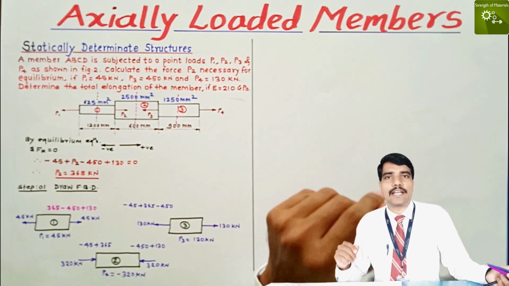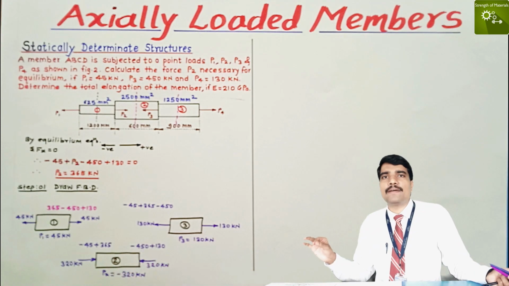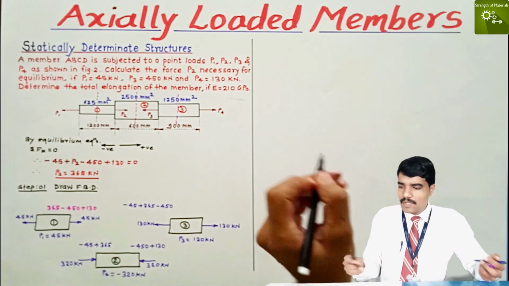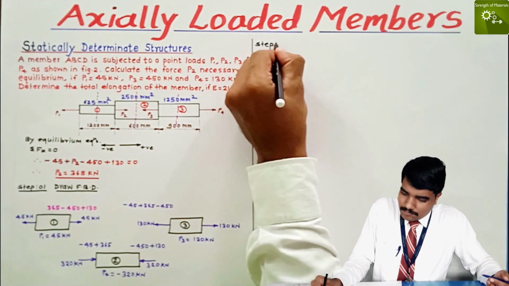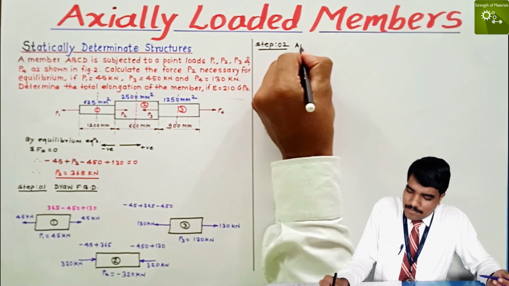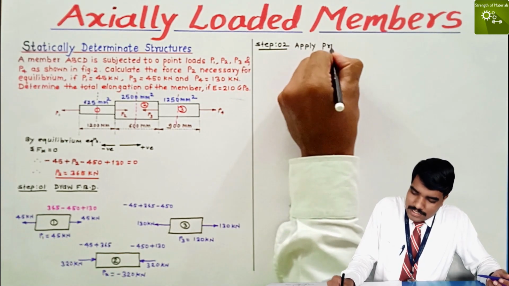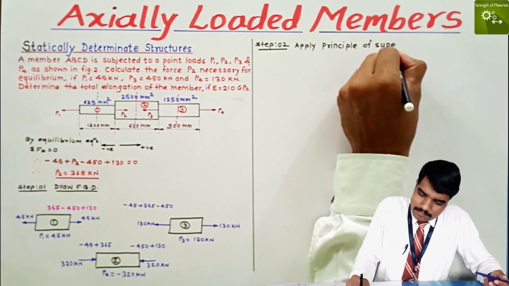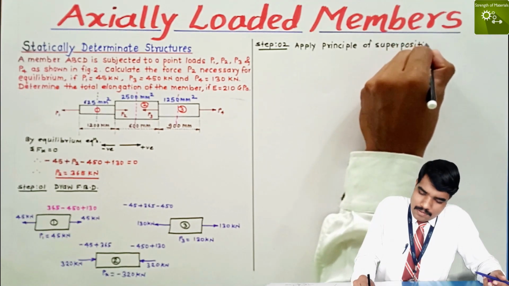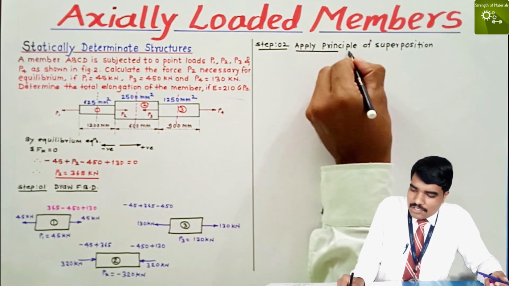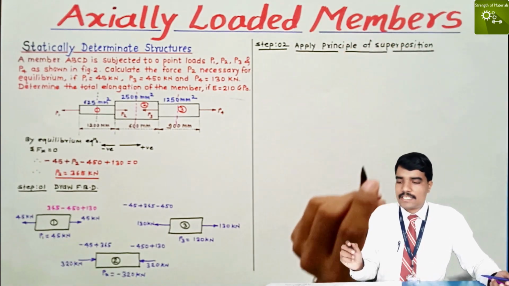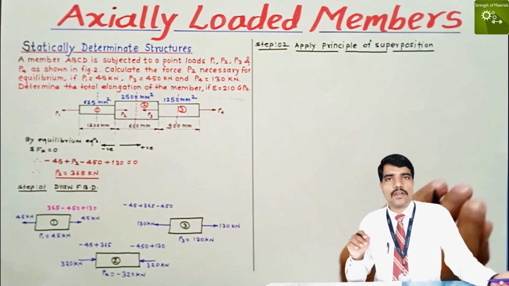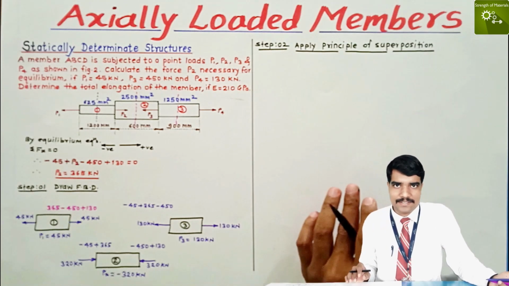We found the internal forces in each member by using FBD and static equilibrium conditions. Okay, next, step 2: apply the principle of superposition. What is the principle of superposition? The total elongation or total contraction produced in an axially loaded member is the algebraic sum of the elongation or contraction produced in each member.